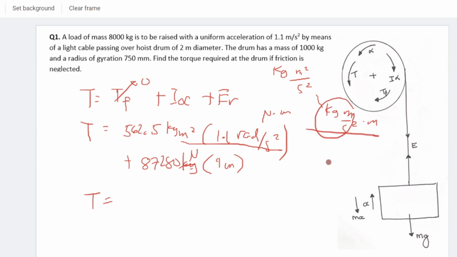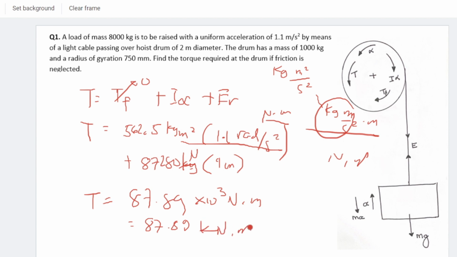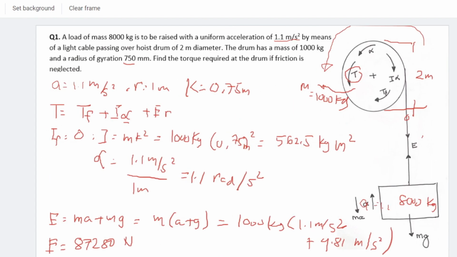So this one is Newton meter. So the value is 87.89 times 10 to the power of 3 Newton meter, or we could say 87.89 kilonewton meter.